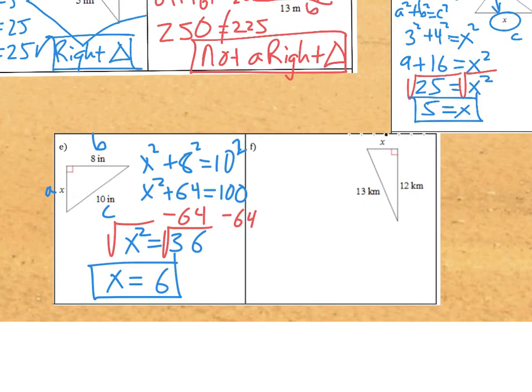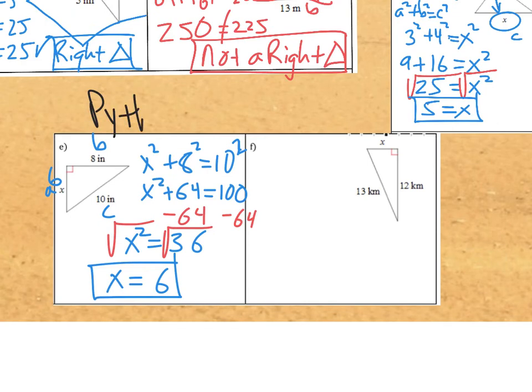So maybe pause and try this out. Now, by the way, one more thing I'll say: the answer there was 6, right? Notice these are all whole numbers. They don't always have to be whole numbers, but here they were, and this is what we call a Pythagorean triple.